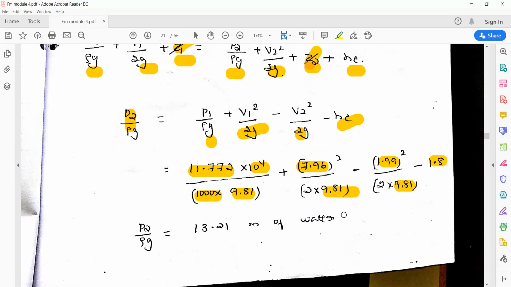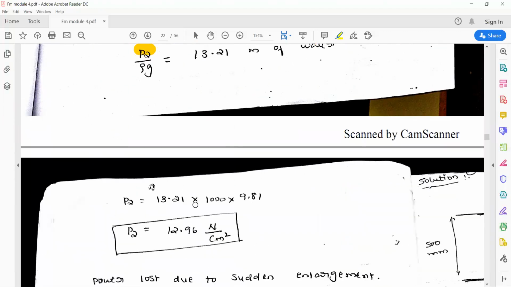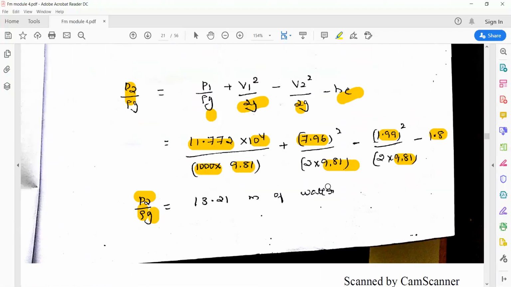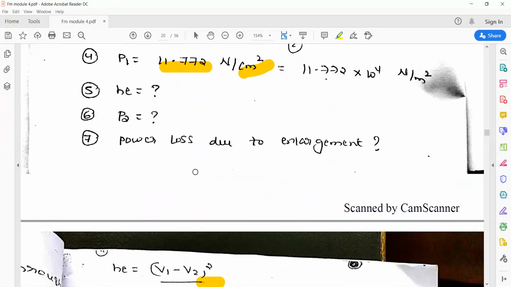He also you have calculated in the first condition. So you'll get the value of P2 by rho g. But they have asked you to calculate P2 alone. So P2 is equal to, I mean, if you move rho g to the right side, the density of water is 1000, and G is 9.81. If you do that, you'll get the value of P2. So P2 is 12.96 Newton per centimeter square. Okay, so that is the second condition.